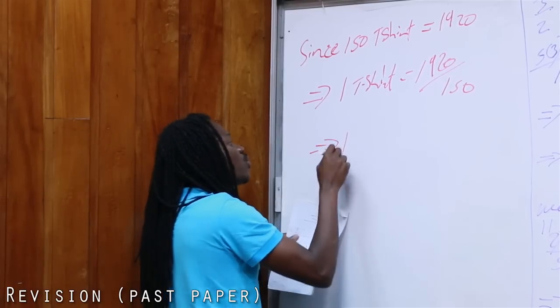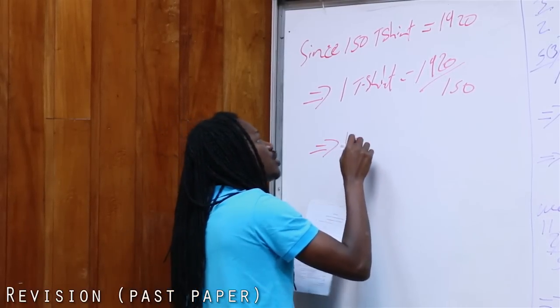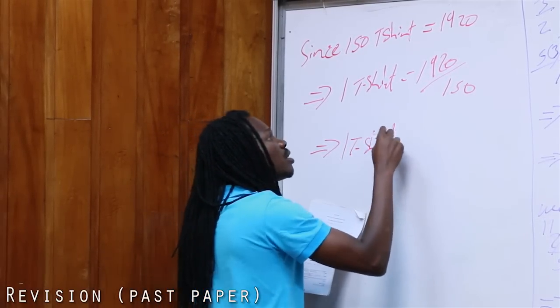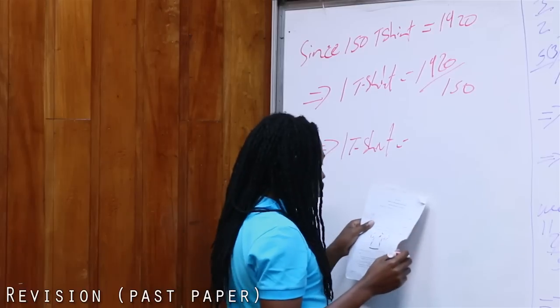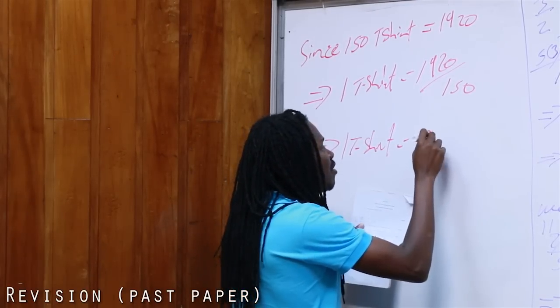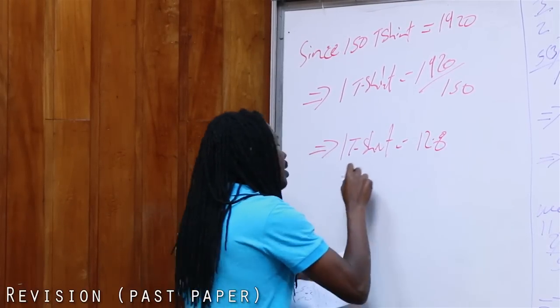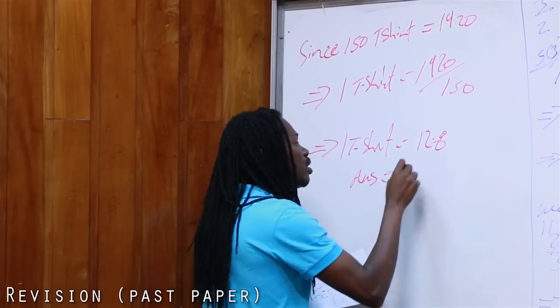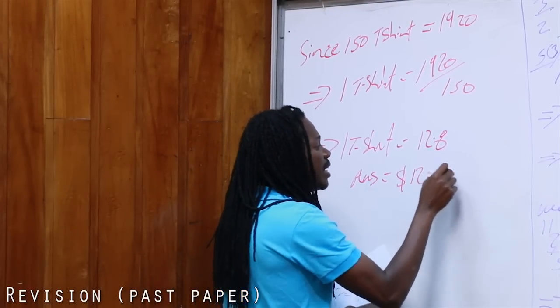This implies that one T-shirt equals what? How much? 12.8. Answer equals $12.80.